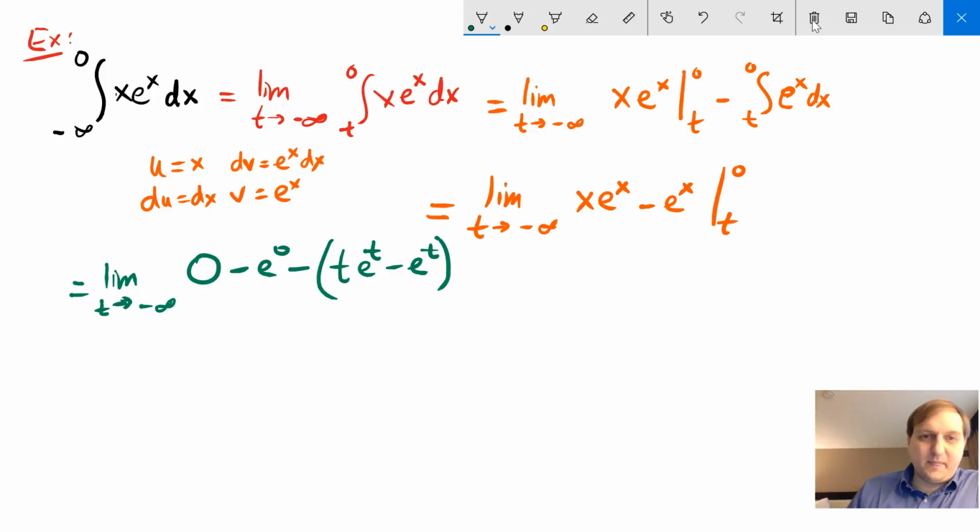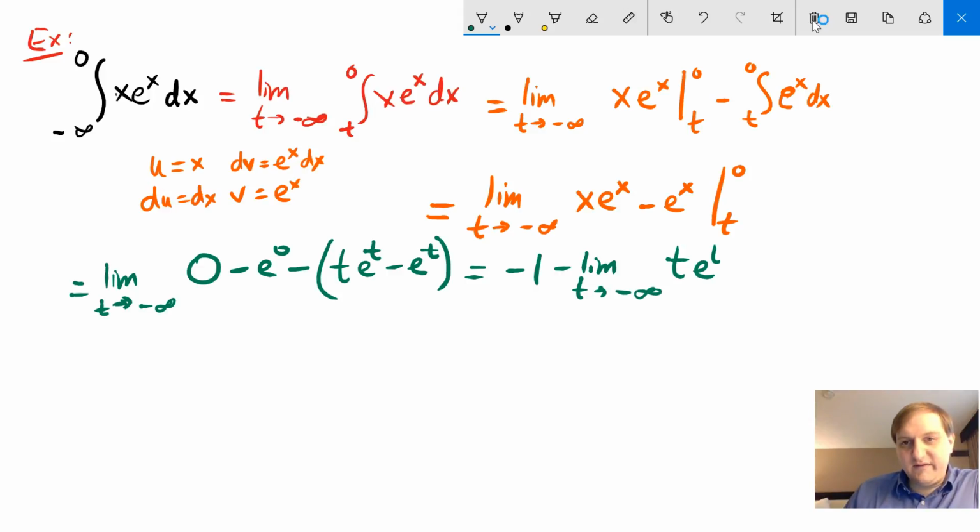Okay, great. Let's get the basics out of the way. e to the 0 is 1, so this is negative 1 minus the limit as t goes to negative infinity of t e to the t. Let me erase that. I'm going to write the limit again, just so that I don't have to deal with minuses.